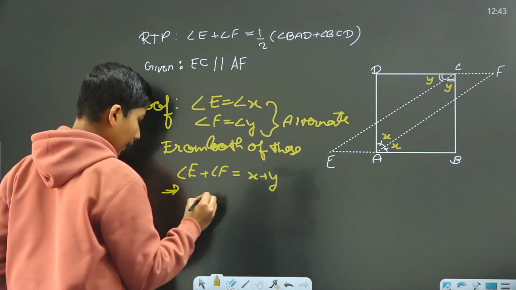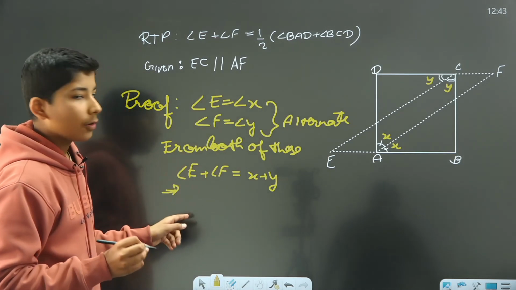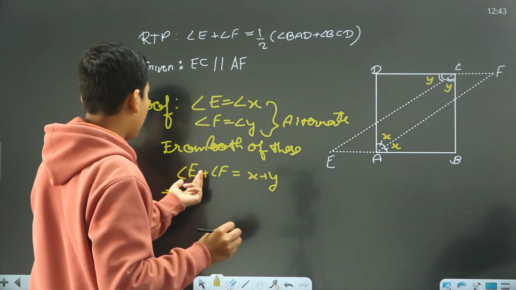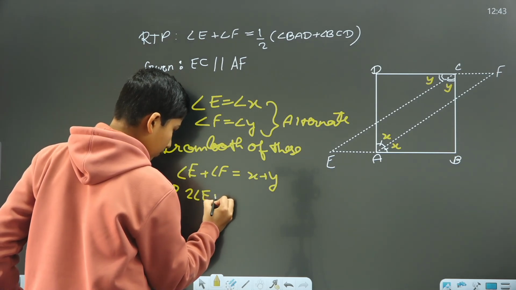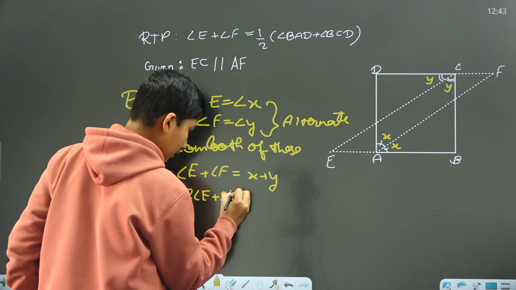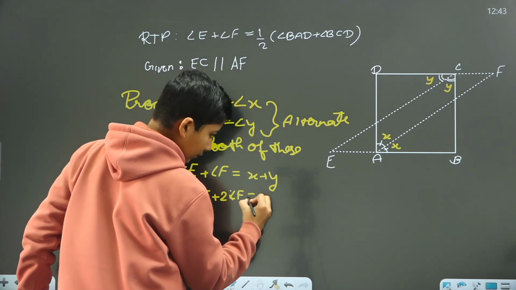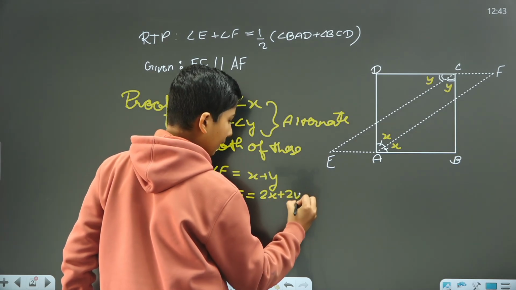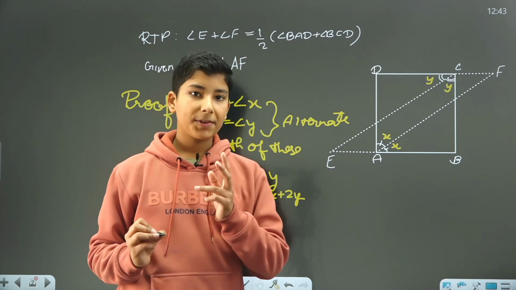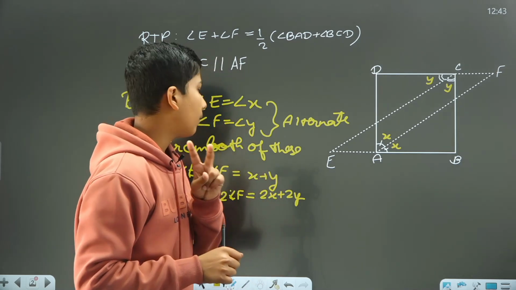Now we can write it as 2 angle E plus 2 angle F equal to 2x plus 2y. We have multiplied on both the sides by 2.